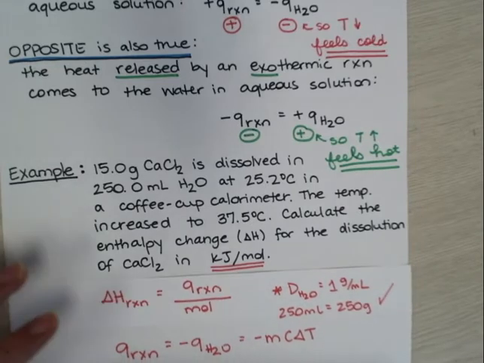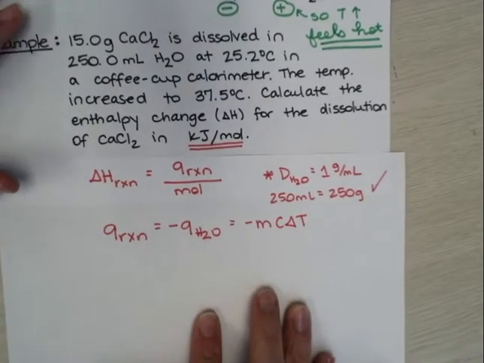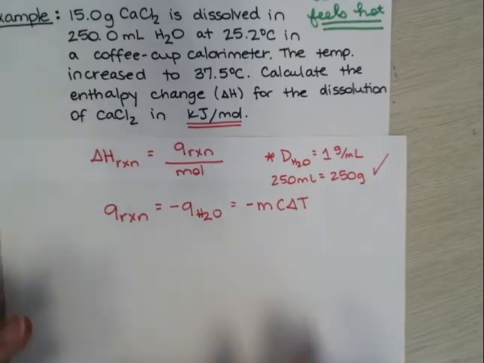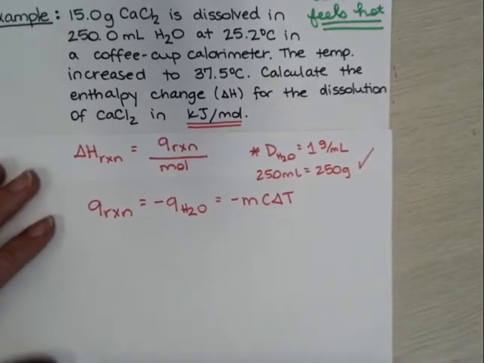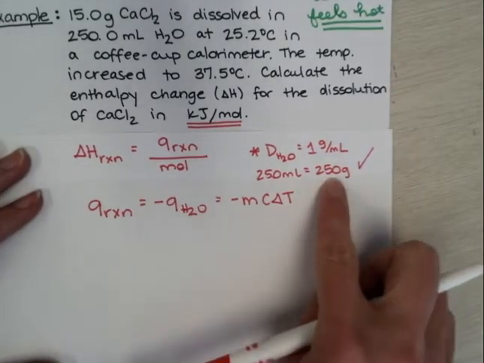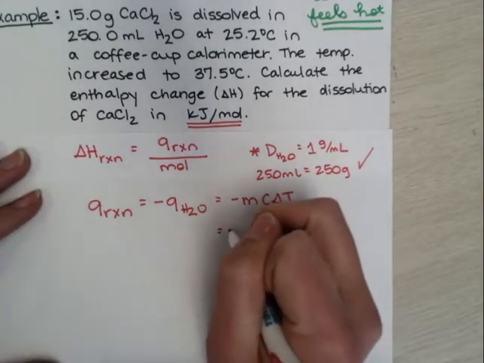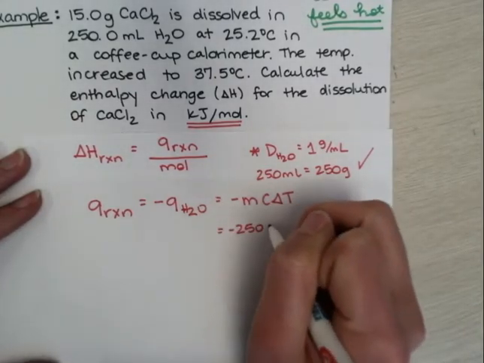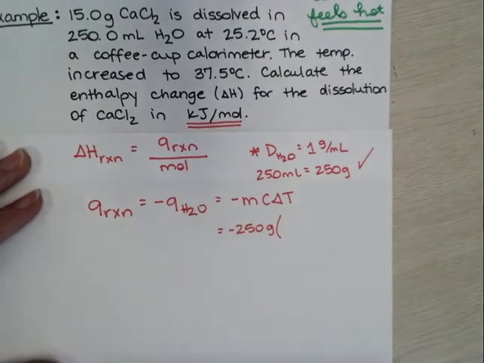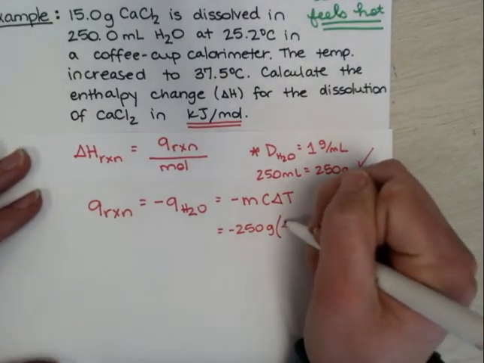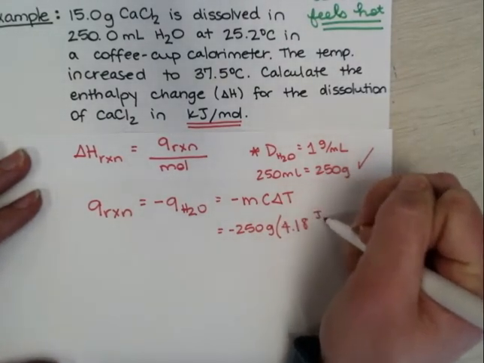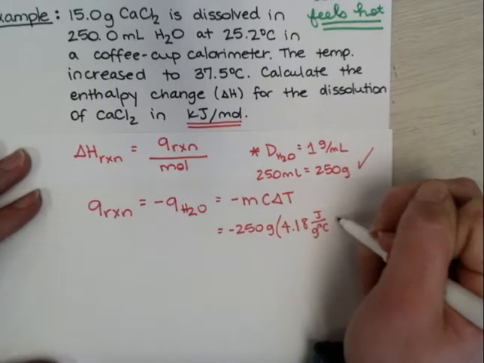Okay. So when I start my problem here, I'm going to use for my mass that 250 grams times the specific heat of water, which we know to be 4.18 joules per gram degrees Celsius.